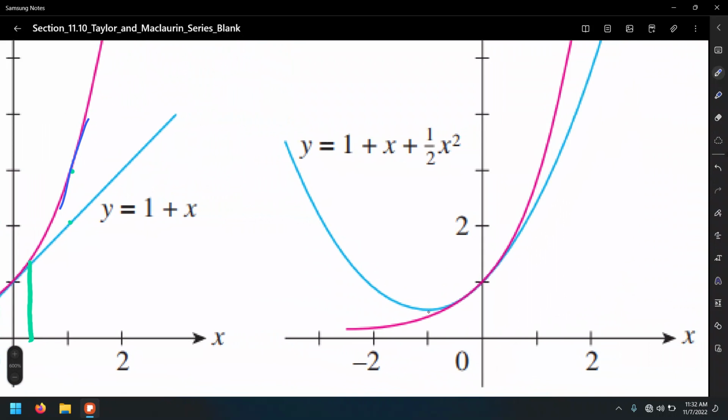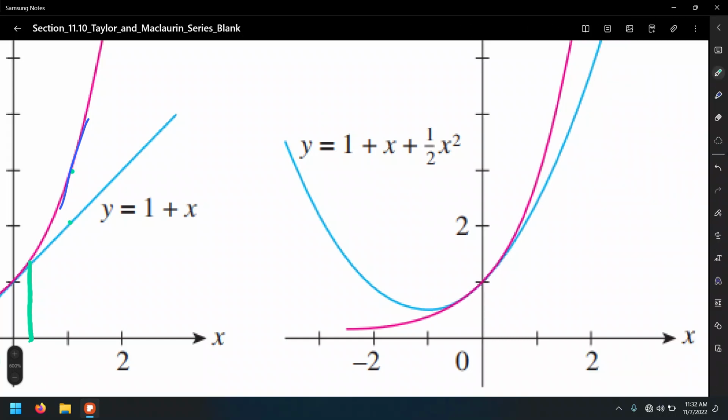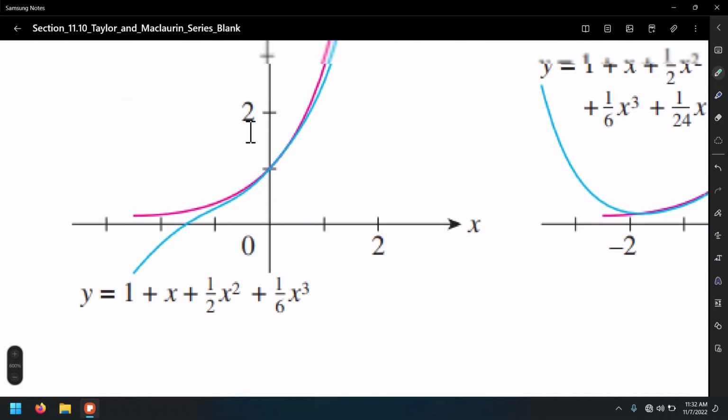Well, I still can't use the quadratic approximation to compute these values, because there's still some difference between the actual and the approximated, especially on the right side. But it's getting better. It's getting a better approximation. Let's see what happens with the cubic approximation.